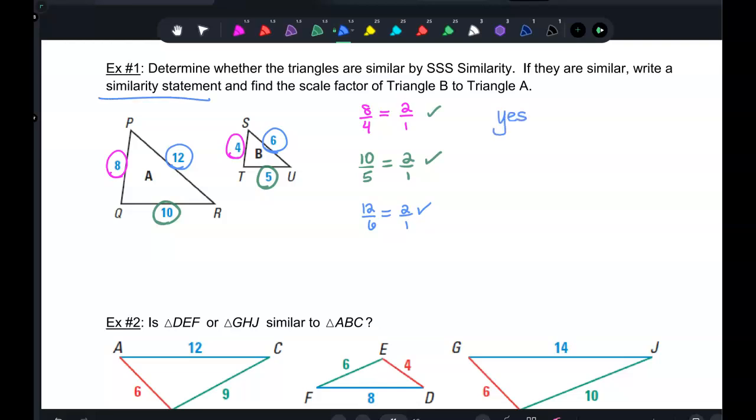Write a similarity statement. Okay, so we did this yesterday also. PQR, STU. Okay, then there's one more additional piece. Oh, you know what? I just realized I did this backwards. That's okay.